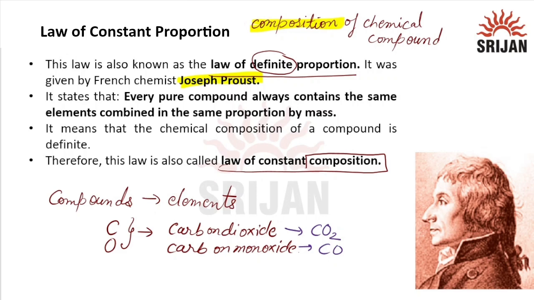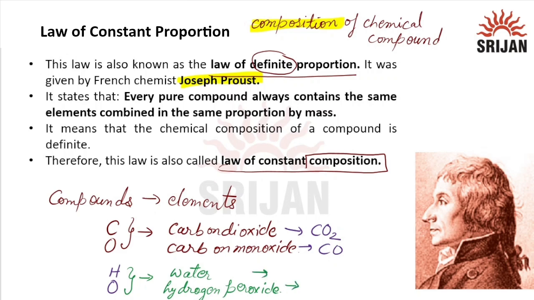Suppose I change the elements, and I take hydrogen and oxygen. Now carbon dioxide and carbon monoxide will not form. Another compound will form. Either water or hydrogen peroxide will be formed.